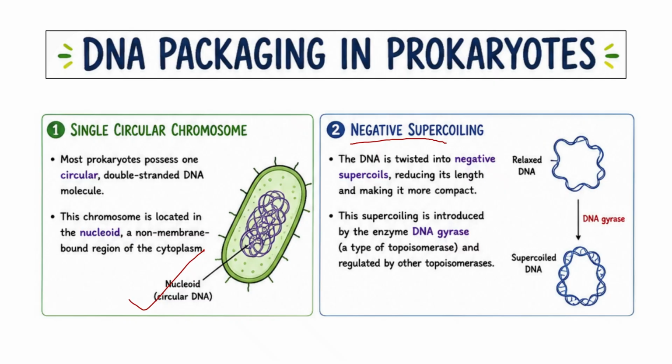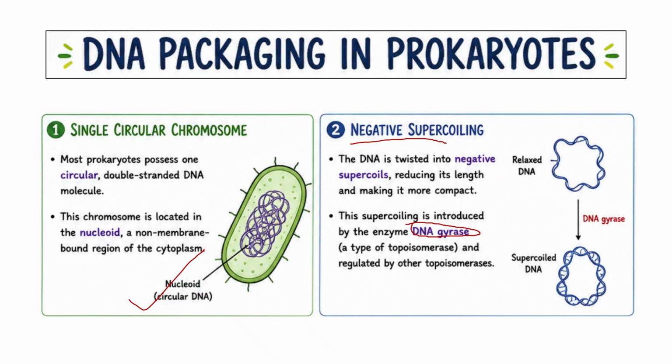The enzyme which is responsible for introducing the negative supercoiling is DNA gyrase. It generally belongs to the topoisomerase family. It is very important because it continuously adds negative supercoiling, helping the DNA to remain compact while still allowing transcription and translation to occur.